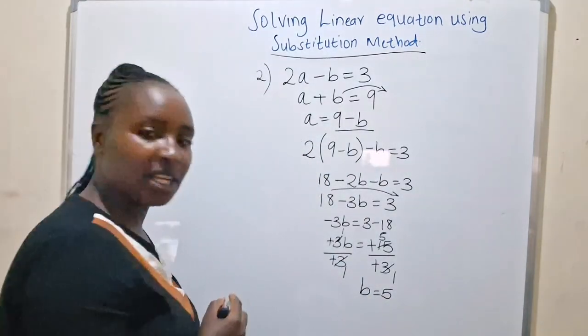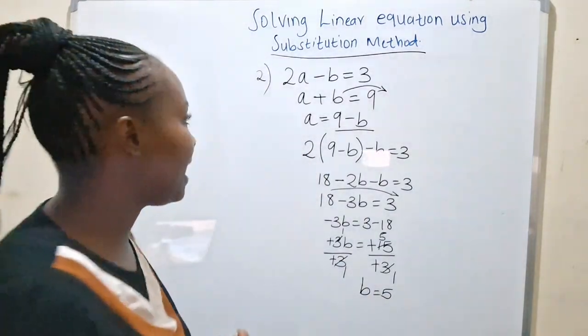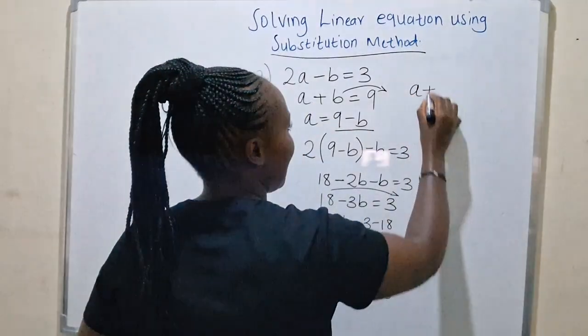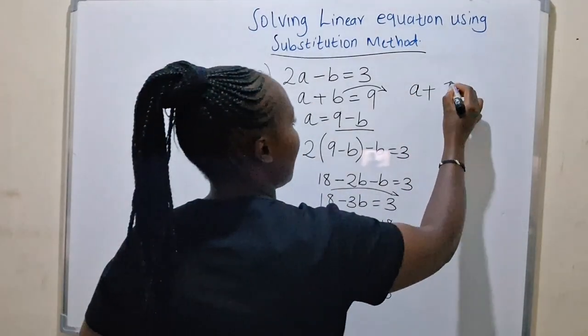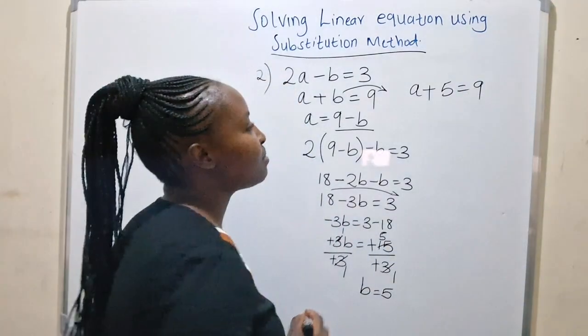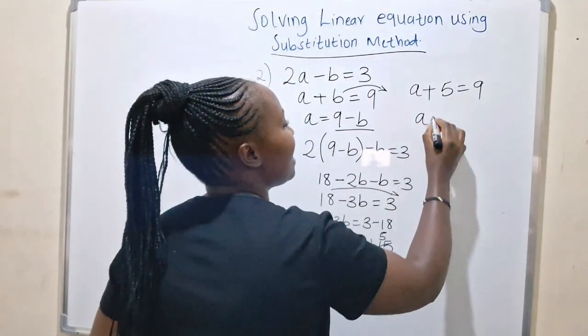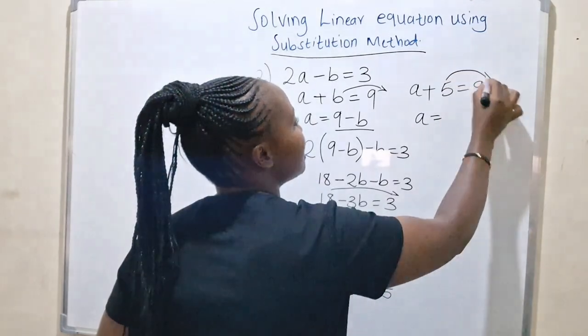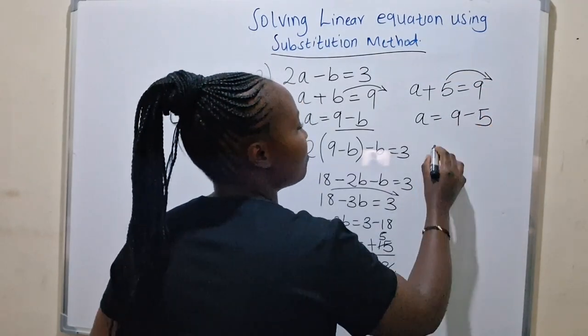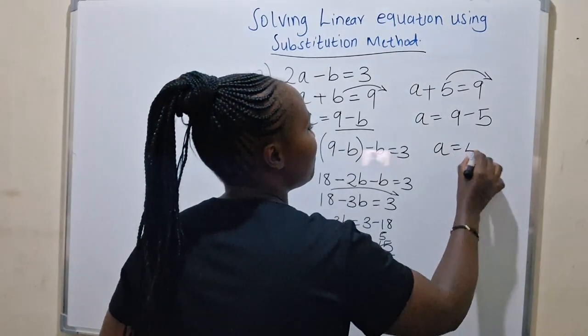Use either equation to find your a. So we have said that a plus b, which is 5, equals 9, right? That means that a equals 9 minus 5, so you'll find that your a equals 4.